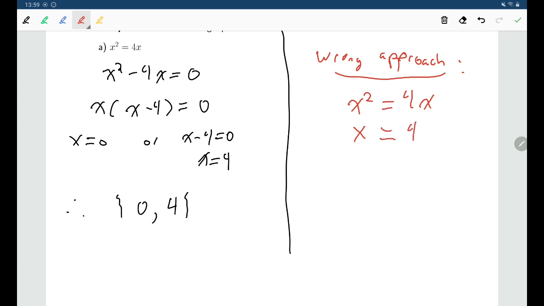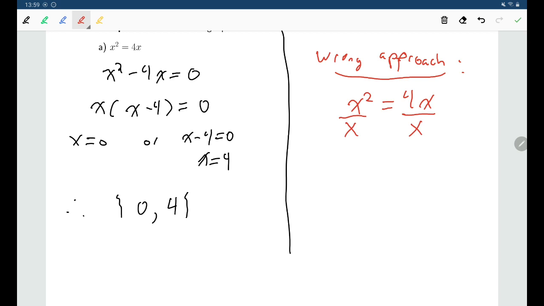And then I've solved it, and I found that x is 4. The problem is that you'll notice you only found one of the 2 solutions using this approach, and so you might ask yourself, where did the other solution go? And actually, the other solution vanished when we divided both sides by x. I'm going to do a little bit more writing this time. If you divide both sides by x, you are now making rational expressions.